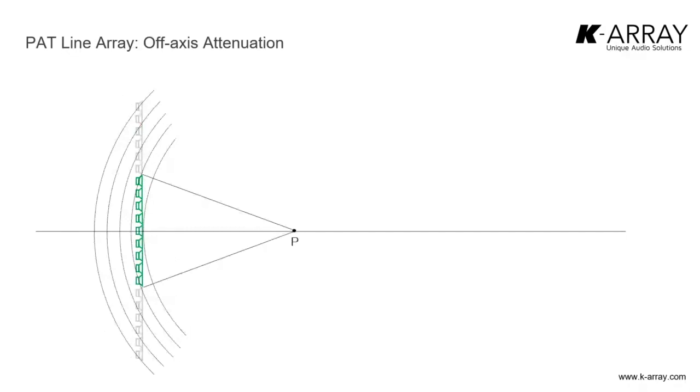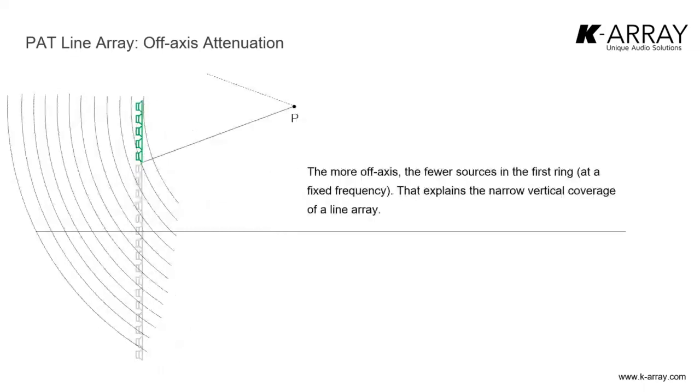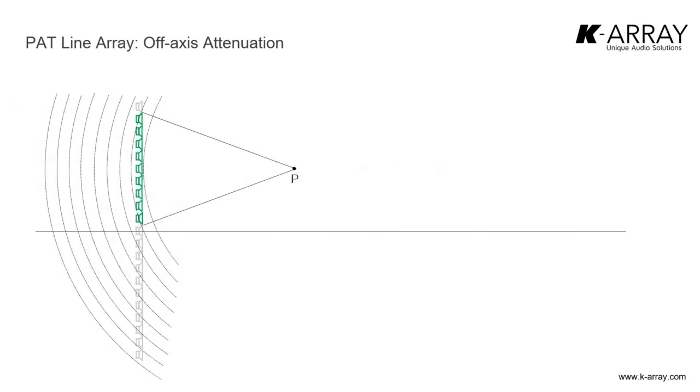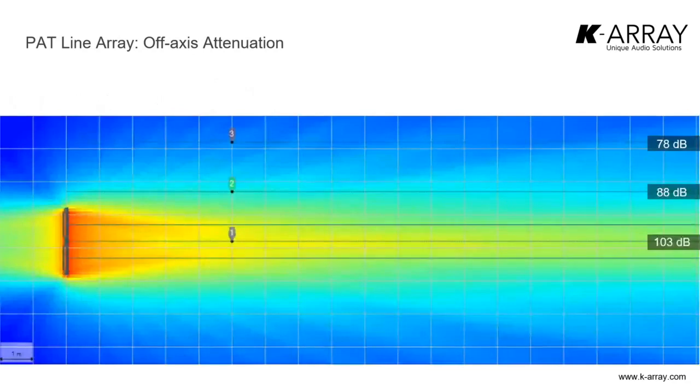But as soon as I seriously move off axis, like here I'm at the top of the cluster, now the number of woofers that are effectively contributing to the SPL at my location is strongly decreased, and so will be the SPL from here to here. And if I go even more off axis, we all know that sound will be strongly reduced.